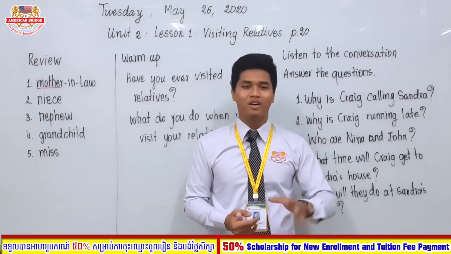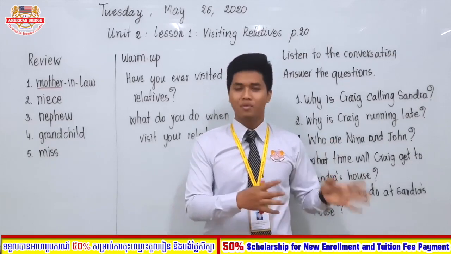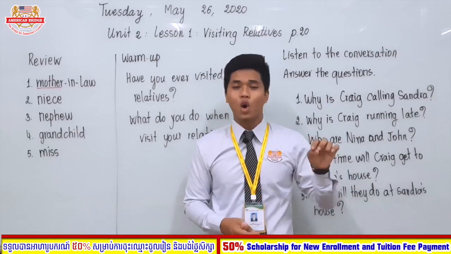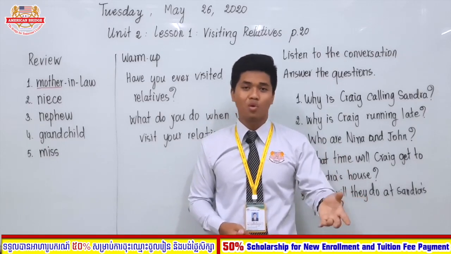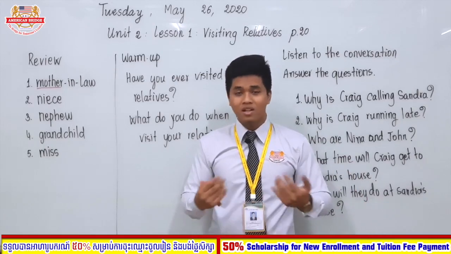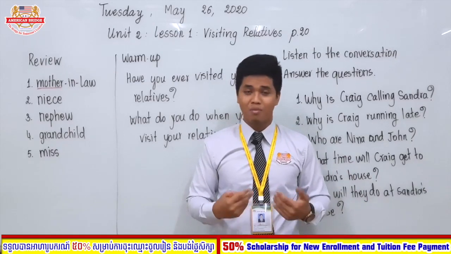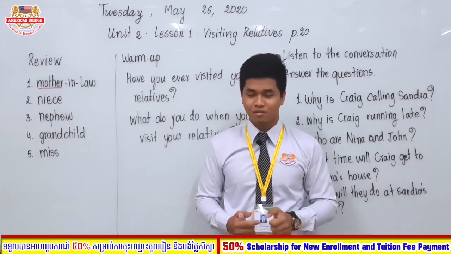And when your children all grow up, they get married, and then they get their own children. So the children of your children, they call you grandpa or grandmother, and they are your grandchildren.